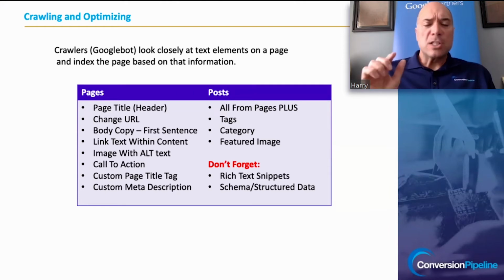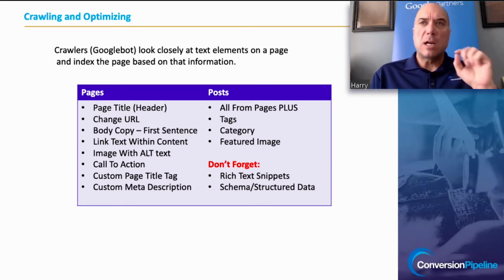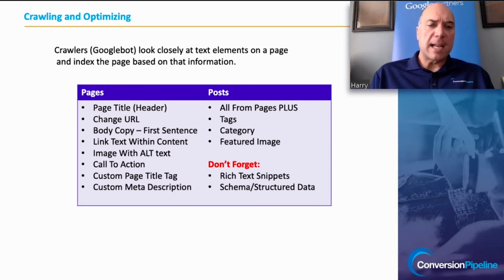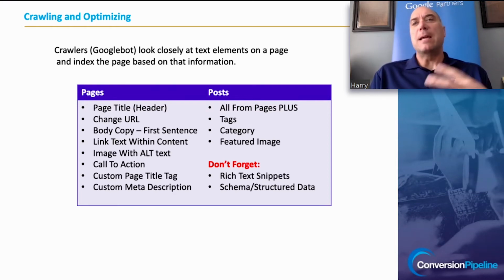So it's the first step, and Google really gives a lot of weight, or at least takes a lot of relevancy cues from the title tag on a page. It also can look at the page URL and glean some cue about the relevancy of the page from that, and the body copy and the links and images.